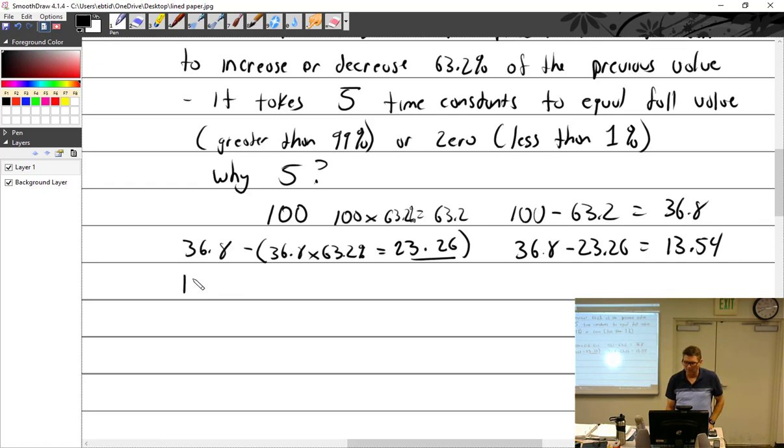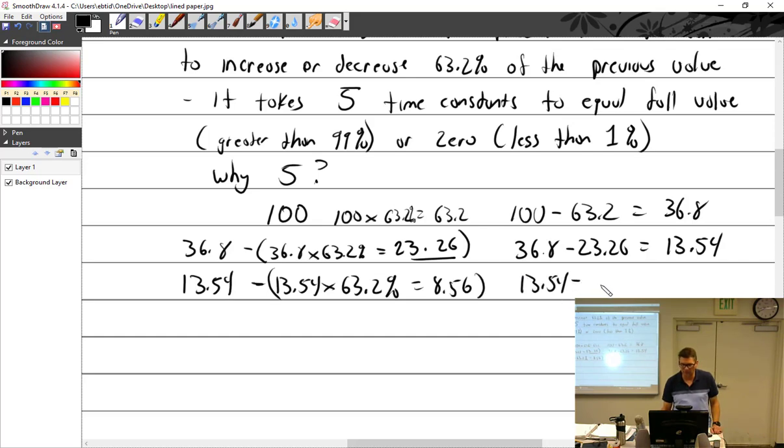So now we have 13.54, and we have to subtract 13.54 times 63.2%, which is about 8.56. So 13.54 minus 8.56 equals 4.98.